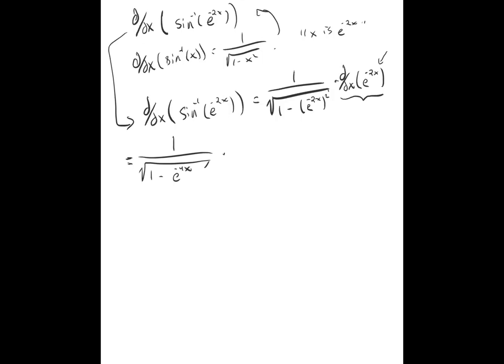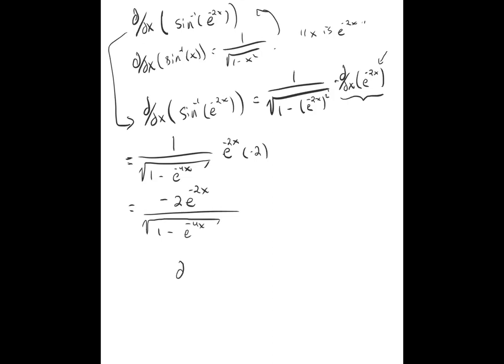So this is going to be e to the minus 2x times minus 2, and then we just do a little bit of simplification here. And we have minus 2e to the minus 2x over 1 minus e to the minus 4x.